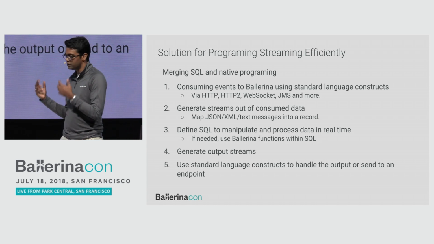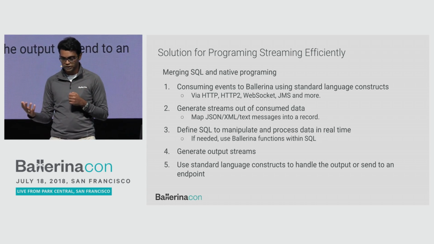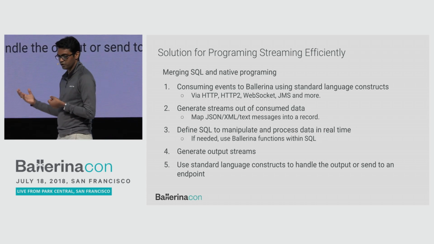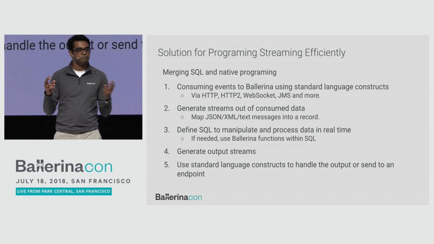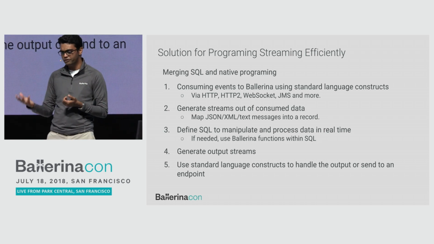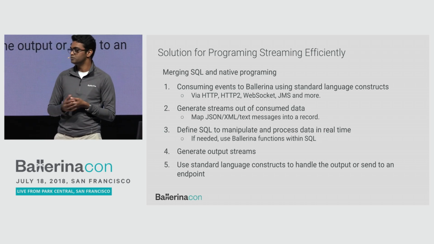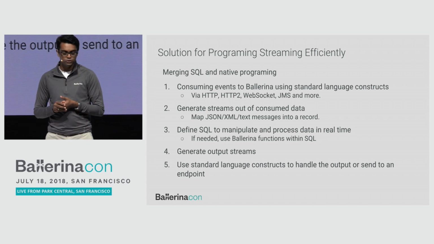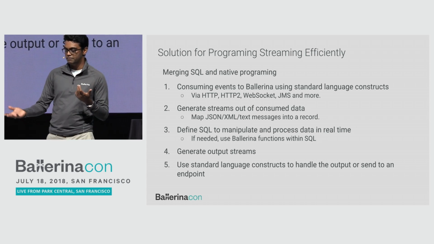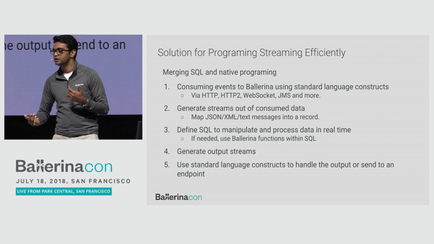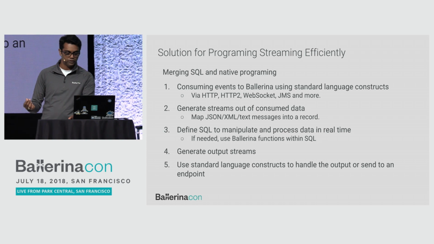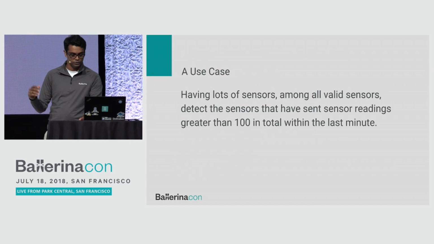So we convert the JSON or XML message into a record, and then we define SQL operations on that record so that we can identify some patterns or do some interesting things with it. After that, we create the output, which is a stream, and then we use our normal language to handle how they are going to send an email or SMS, whatever you want. You can use your normal Ballerina programming language, the native language, and continue.